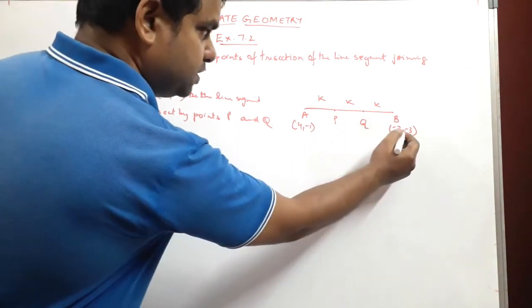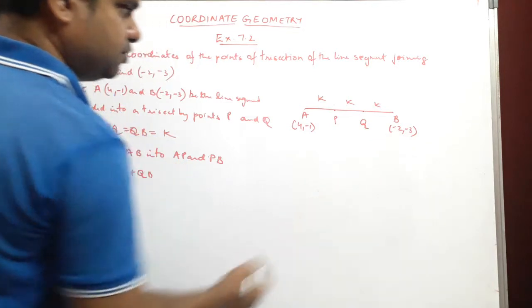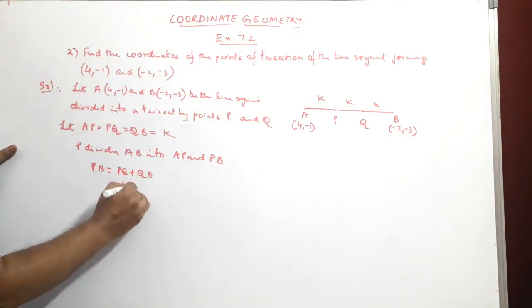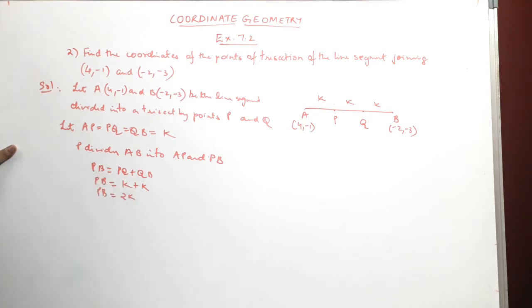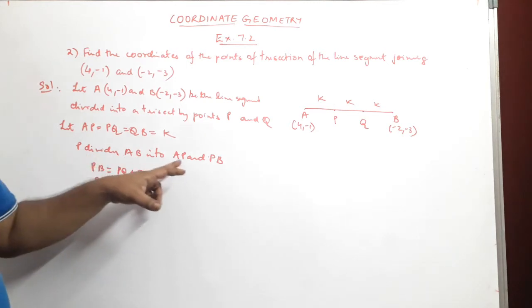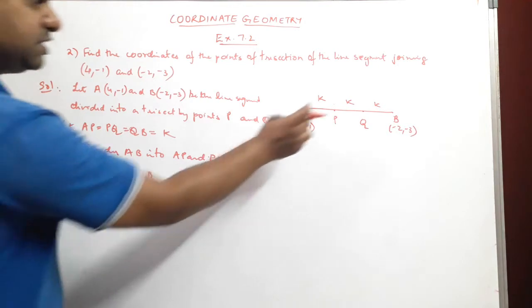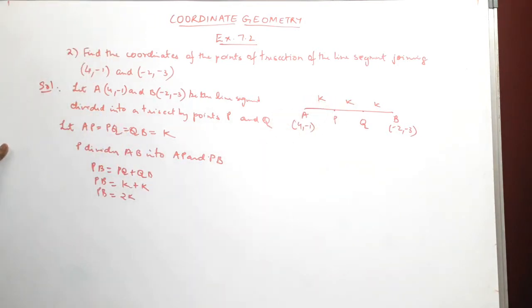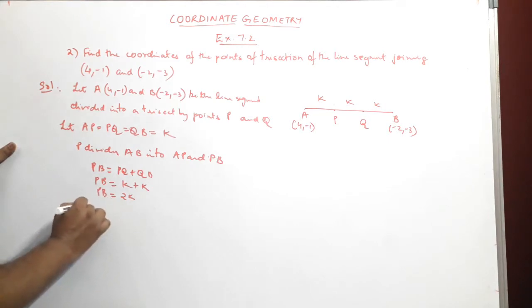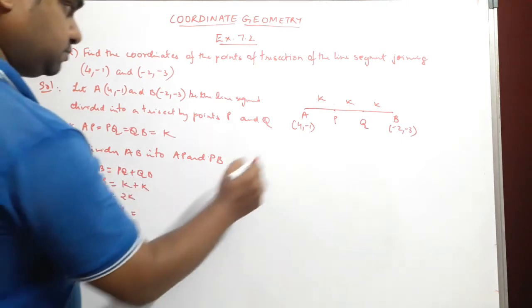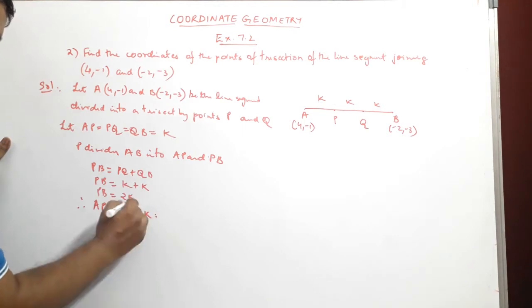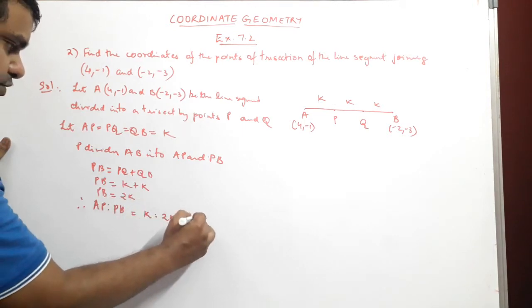PQ is K and QB is also K, so PB is equal to 2K. AP is just K and PB is 2K, therefore AP is to PB equals K is to 2K, which is 1:2.